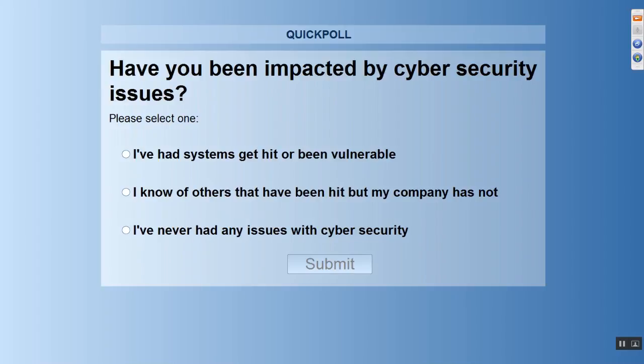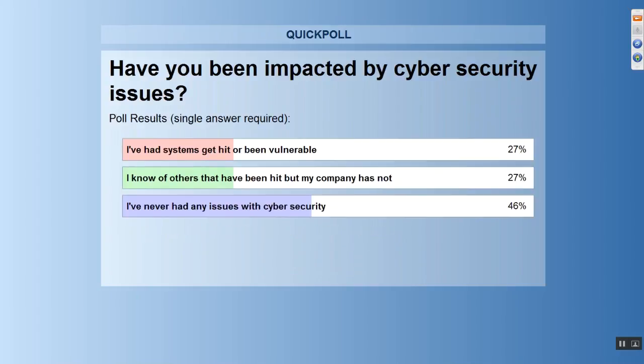A little over a quarter of you said you know of others that have been affected, but fortunately not you. And about half of you have not had any impacts of cybersecurity. I'm glad you haven't had any issues, but it never hurts to be prepared, because unfortunately there's a possibility that you may experience it in the future.